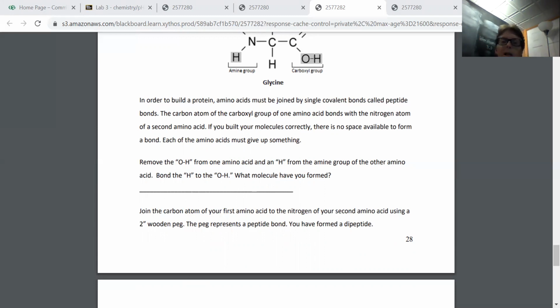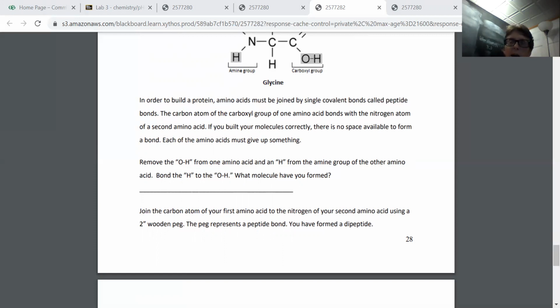Synthesize means to build. So in dehydration synthesis reactions, we're going to pull a hydrogen ion off of one molecule and a hydroxide from another. Those are going to form water, and we're going to hook those two molecules together. So we're building something by removing water.